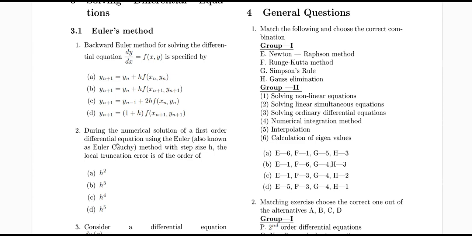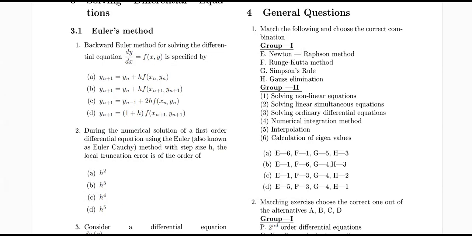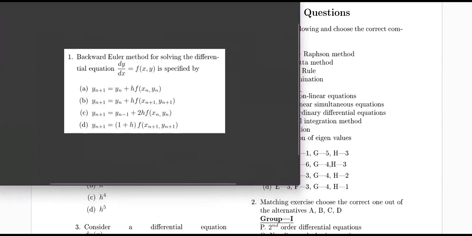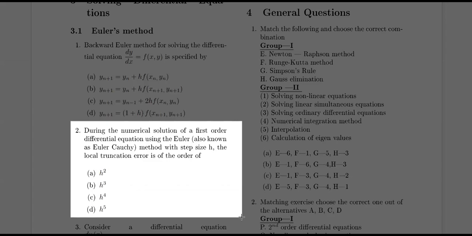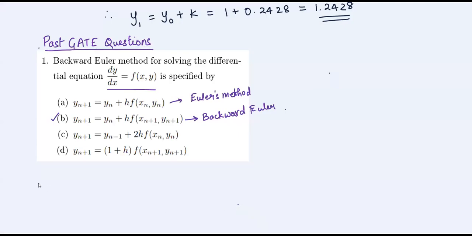During the numerical solution of the first order differential equation using Euler's method with step size h, the local truncation error is of the order h square. Clear? Because it is a linear of order 1. So error will be in the order of h square. So for modified Euler method, it will be h cube.